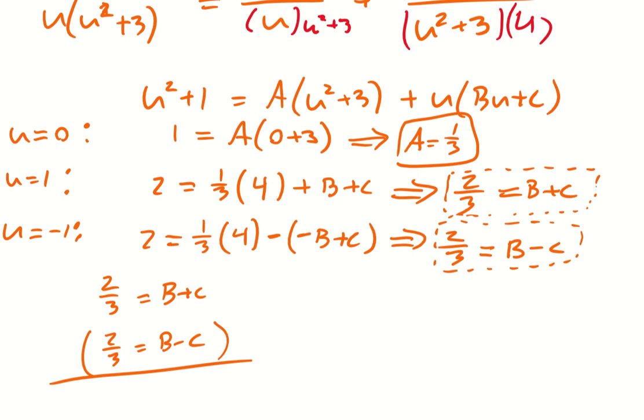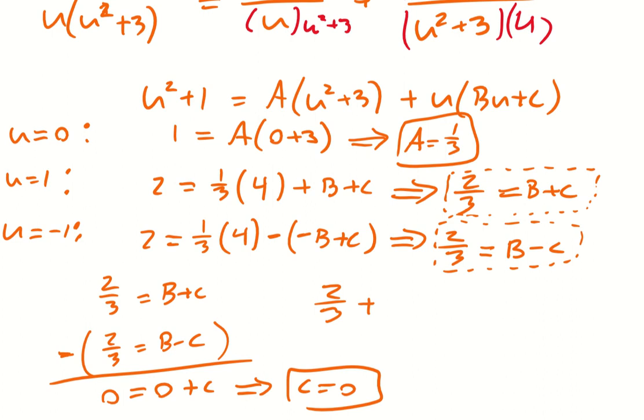Let's just subtract them. We can do that. So we get 0 is equal to 0 plus C. Great. So that means that C is equal to 0. And then we'll just substitute that in.